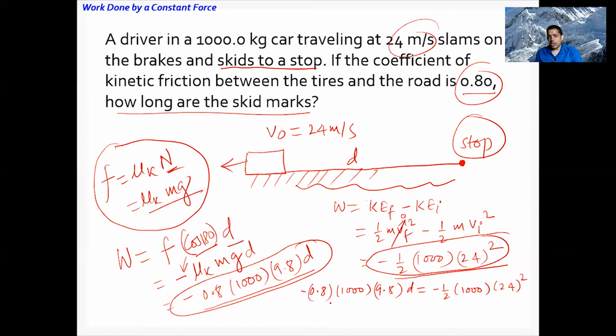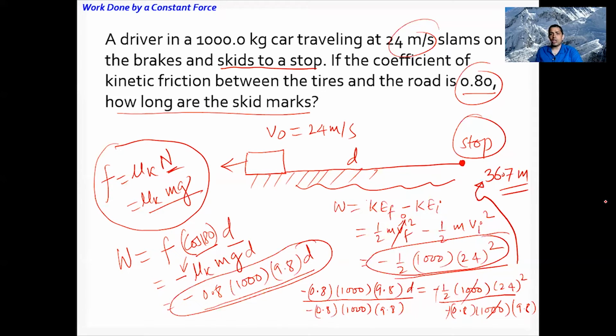You need to find D, so divide both sides by minus 0.8 times 1000 times 9.8. The 1000 cancels out, the minus cancels out, and if you do this calculation, I'll give you the answer here: you end up getting 36.7 meters.